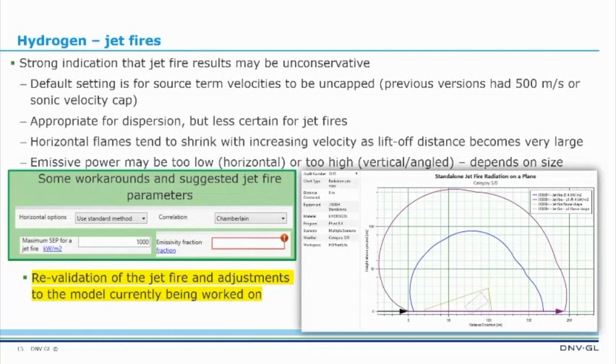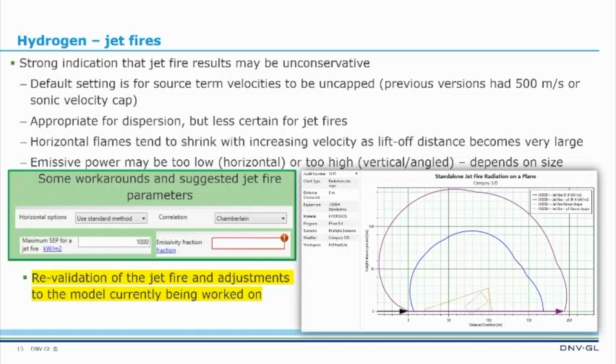And what happens if you use the default settings in Phast is that the flame shrinks for horizontal releases. I'm just going to try and move my mouse here and highlight the flame shapes shown in the diagram on the right. For horizontal releases, we use a different correlation to vertical and angled releases. For horizontal releases, we use the Johnson model, which has this uplift. And for other angles, we use the Chamberlain model.